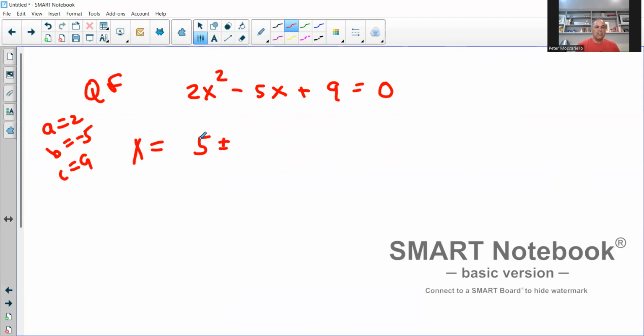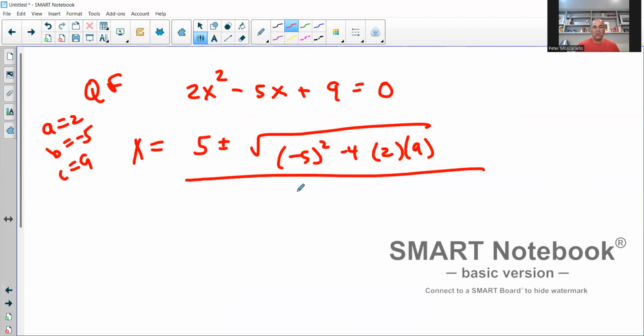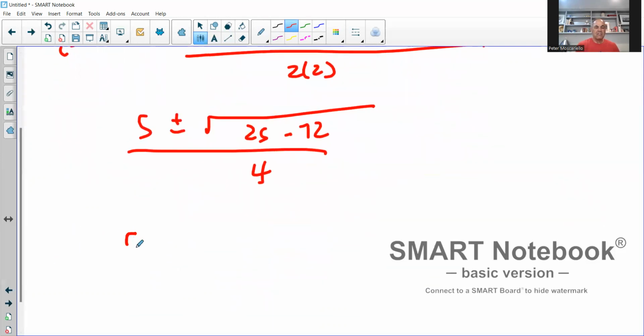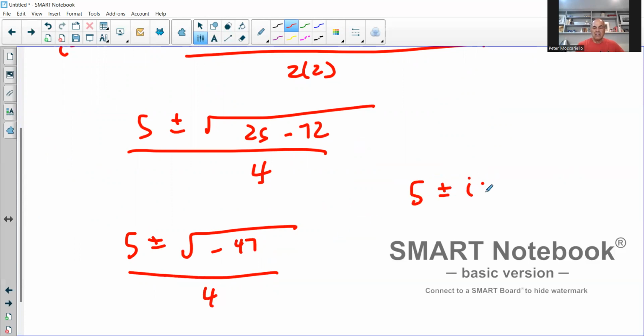So -b is +5, square root of b squared minus 4ac all over 2 times a. 5 plus or minus square root of 25 minus 72 over 4. 5 plus or minus square root of negative, what's that, 47? I think it is. Pull out the i. In this case, 47 doesn't break down, you're done.